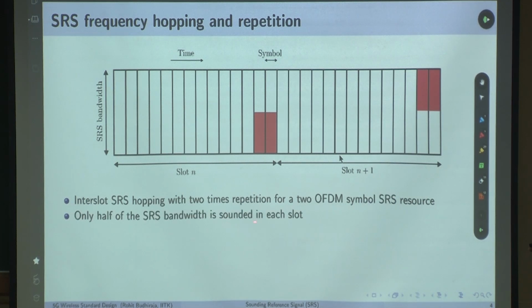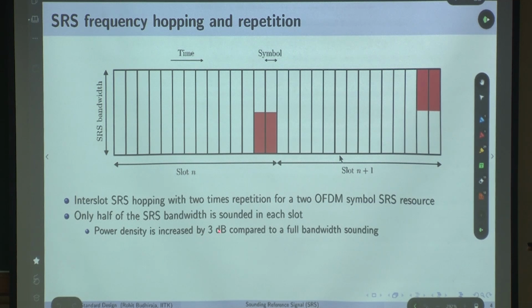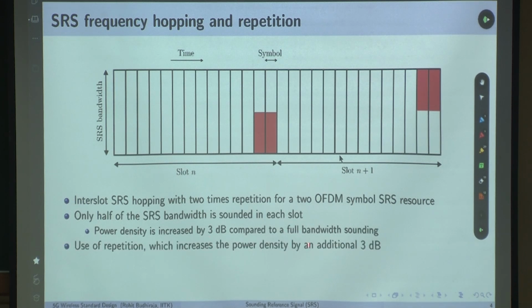Only half of the SRS bandwidth is sounded in each slot, different from the last case. Power density is increased by 3 dB compared to a full bandwidth sounding. The use of repetition increases it by an additional 3 dB. To be very precise, it is the SNR which gets increased by 3 dB. So you get a 6 dB boost.